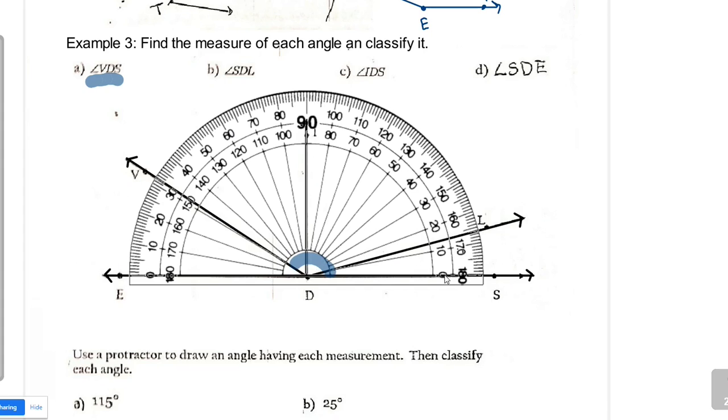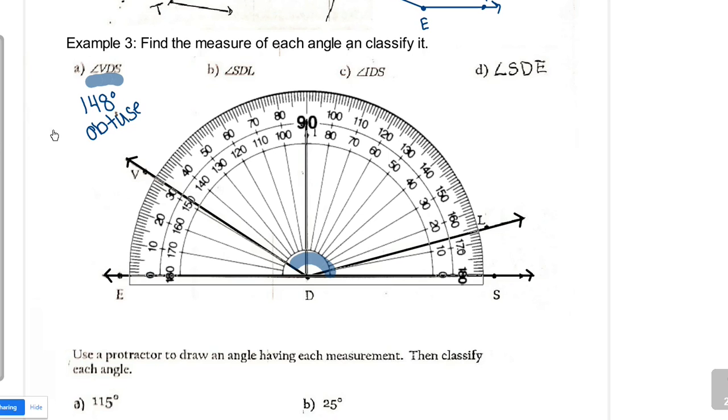We're starting from the right, going all the way over to V. So we're starting at 0 and using our inner numbers here. We're going all the way over to our line, which is not quite at 150. So we're going to say it's about 148 degrees. That makes it an obtuse angle.